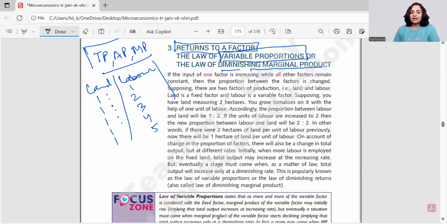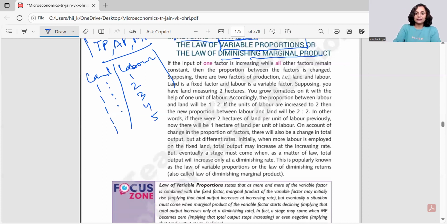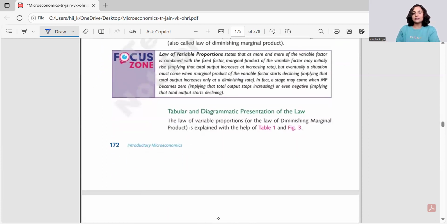So this is going to be the inevitable situation, and hence we say this is the law of diminishing marginal product, which sometimes is studied separately as a part of it. It means the variable proportions law has three stages, and out of those three stages, one stage is said to be the law of diminishing marginal product, where we show that the marginal product keeps on diminishing, right? So what becomes the definition of this?